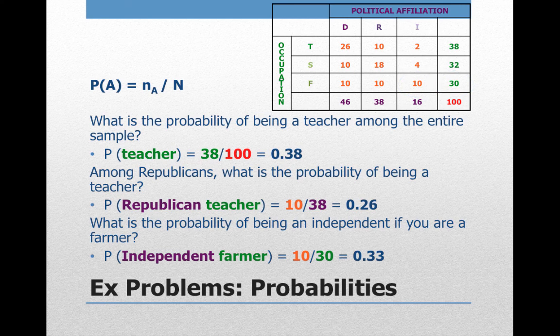So you want to think about among whom. What is the denominator? That's the entire group that we're talking about. Sometimes that's the entire sample, and sometimes it's just one particular group, whether it's coming from your IV or from your DV. But then you need to think about what's my numerator? That's the specific group, a specific characteristic or sometimes a specific combination, and that's going to be your numerator.